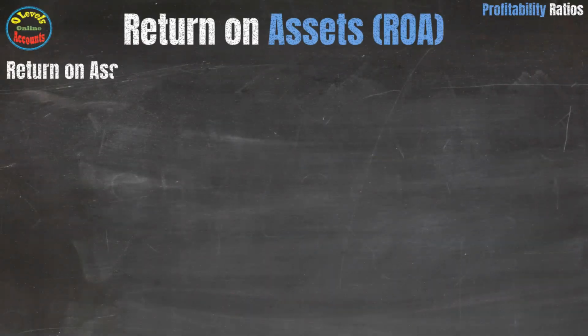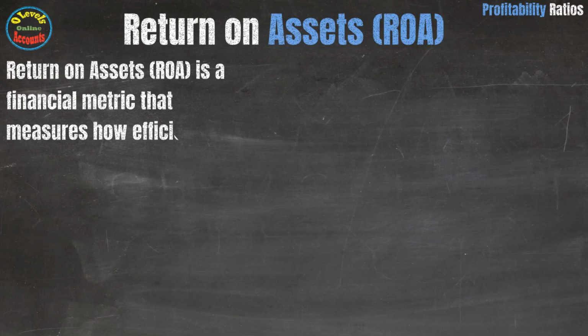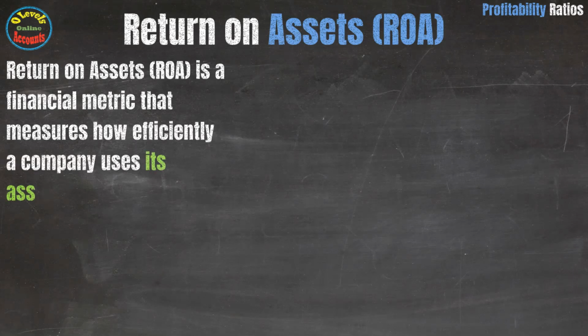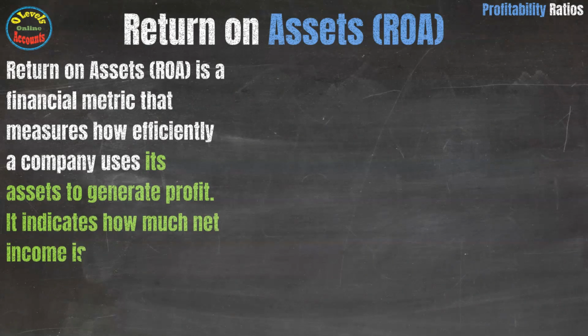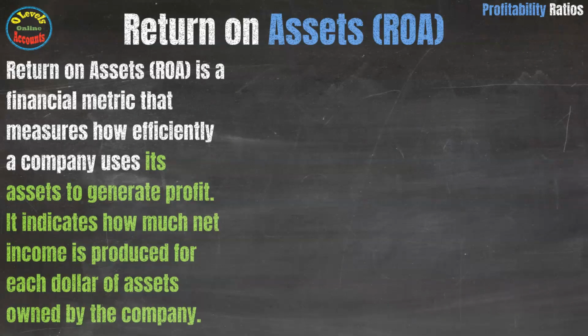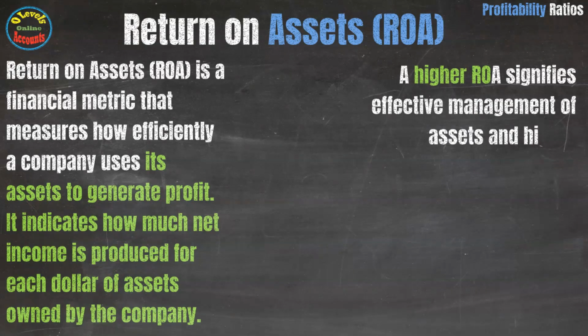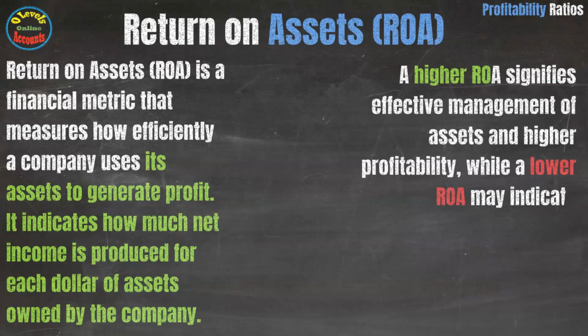Return on assets, ROA, is a financial metric that measures how efficiently a company uses its assets to generate profit. It indicates how much net income is produced for each dollar of assets owned by the company. A higher ROA signifies effective management of assets and higher profitability, while a lower ROA may indicate inefficiencies or underutilization of assets.